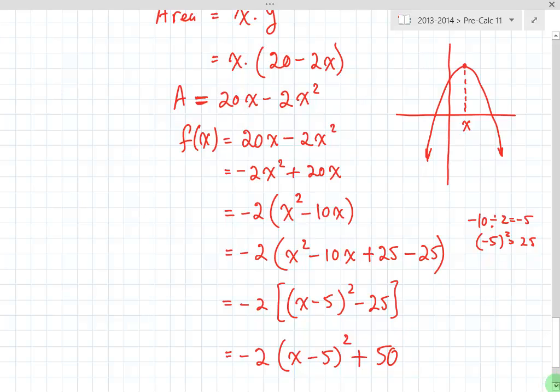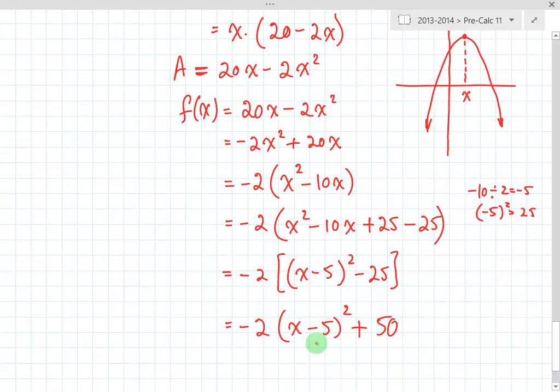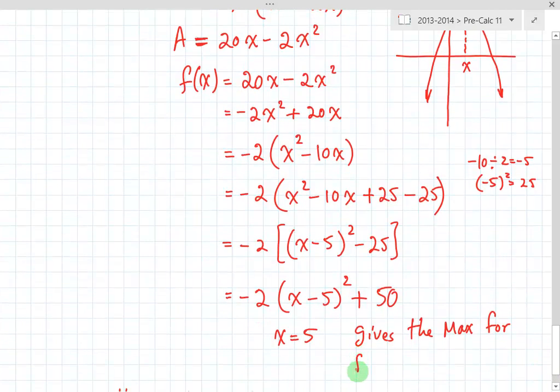You go, okay, this is in completed square form, right? So the coordinates of the vertex are going to be positive 5 and 50. So x equal to 5 gives the maximum for the function f of x.